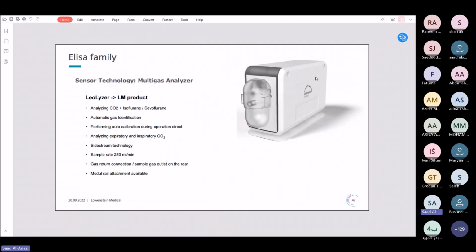As you see here, we have the modules for the LEO ELISA. It's really a multi-gas analyzer. It's the module connected to the ventilators. We will have automatic gas identification, analyzing the CO2, also performing auto calibration during the operations, analyzing the expiratory and the inspiratory CO2, and it can have gas return connections and the sample gas outlet.